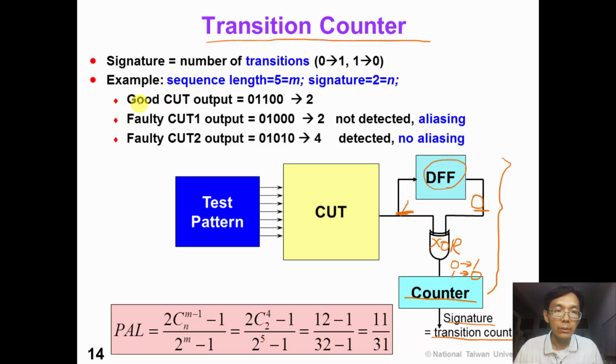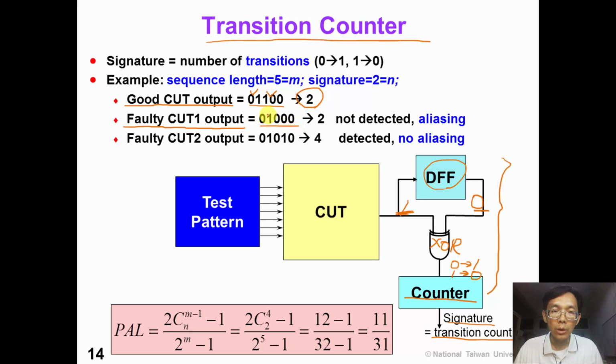For the same example, suppose that the good CUT output is 0, 1, 1, 0, 0. We have one rising transition and one falling transition. So the gold signature is therefore 2. For faulty circuit number 1, output 0, 1, 0, 0, 0.